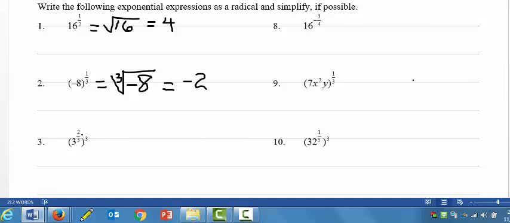3 to the 2/3 raised to the 3rd power is actually the cube root of 3 squared, cubed.